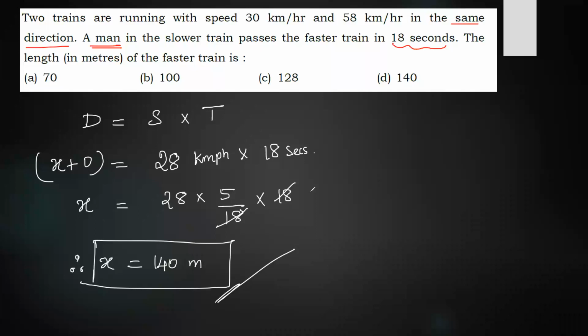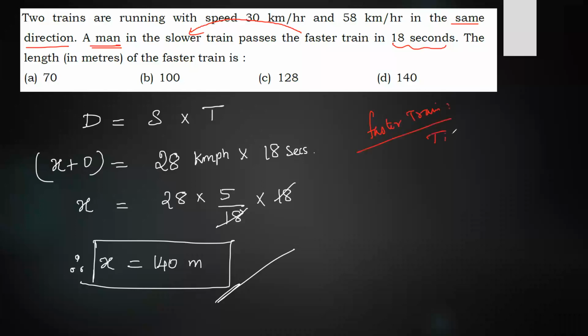Since it crosses a person or an electric pole, distance will be 0, so you need to add only the train length. Subtract the speeds, so 30 minus 50, 28 you will get, right? So convert into meter per second, and you will get the value as 140 meter.